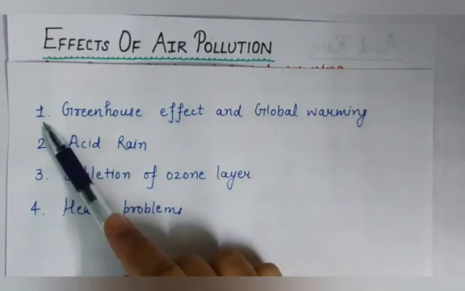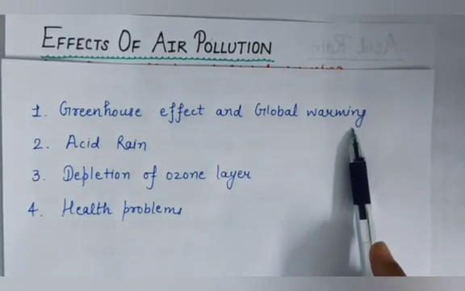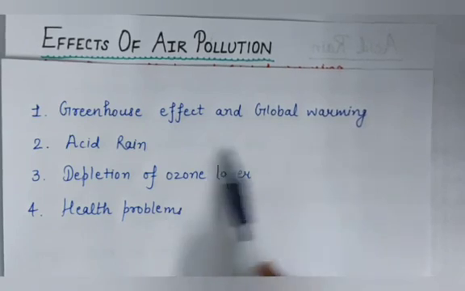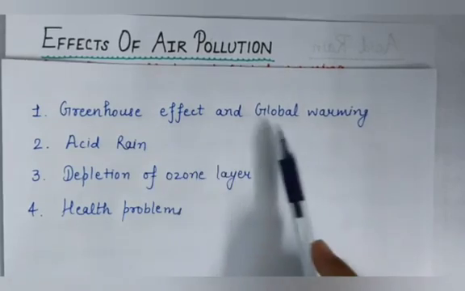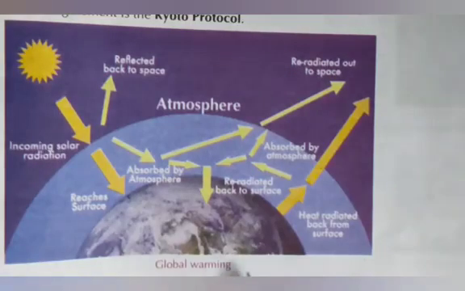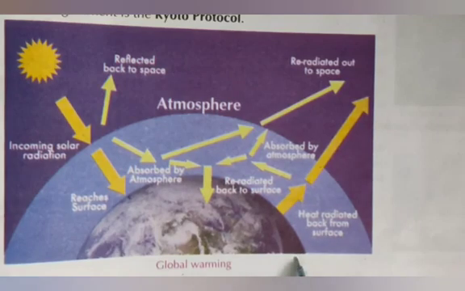So our first effect is greenhouse effect and global warming. Now we will learn what is greenhouse effect and what is global warming. Students, look at this picture. This picture helps us to understand the greenhouse effect and global warming.